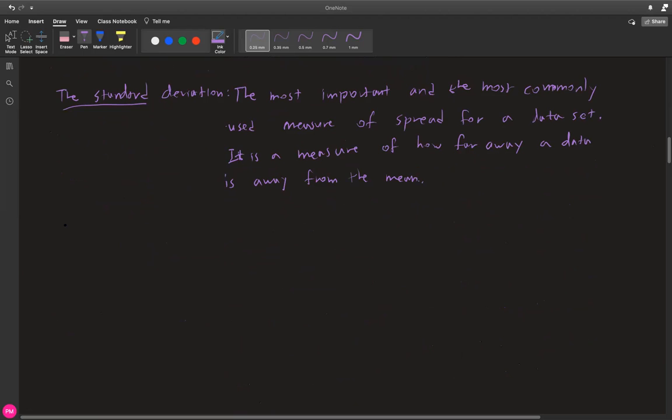So these are the steps to find the standard deviation. The first step: let a denote the mean of the data set.